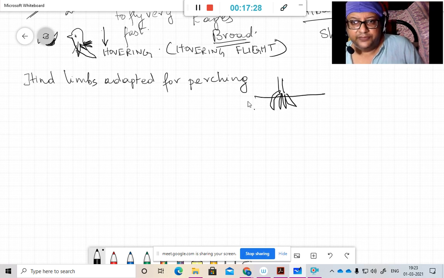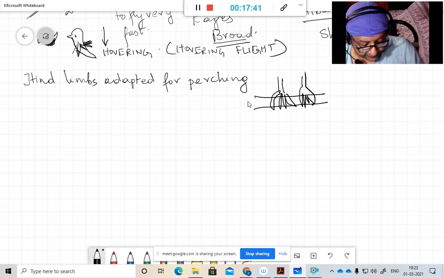Perching means they can hold on to something and grasp and perch, but ducks and others cannot perch. Then of course they have got bipedal locomotion.